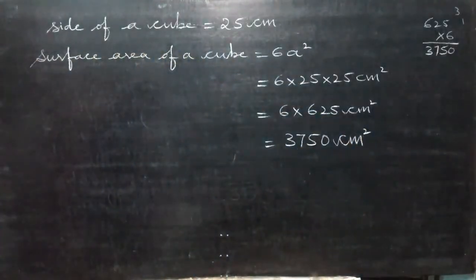Write the conclusion. Therefore, surface area of a cube is equal to 3750 centimeter square.